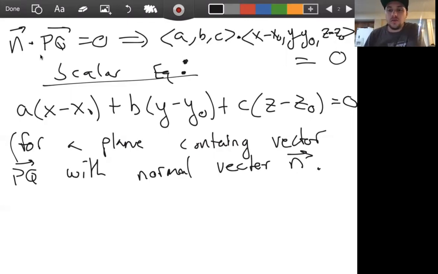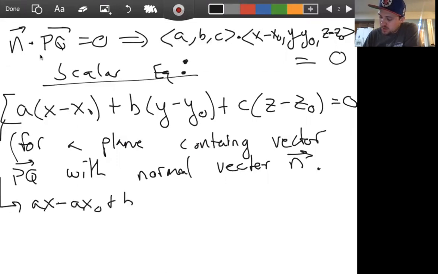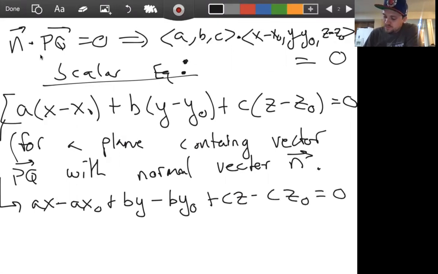We can do a little bit of algebra to get this into the general form for an equation of a plane. If you notice from this scalar equation, that's ax minus ax naught plus by minus by naught plus cz minus cz naught equals 0.